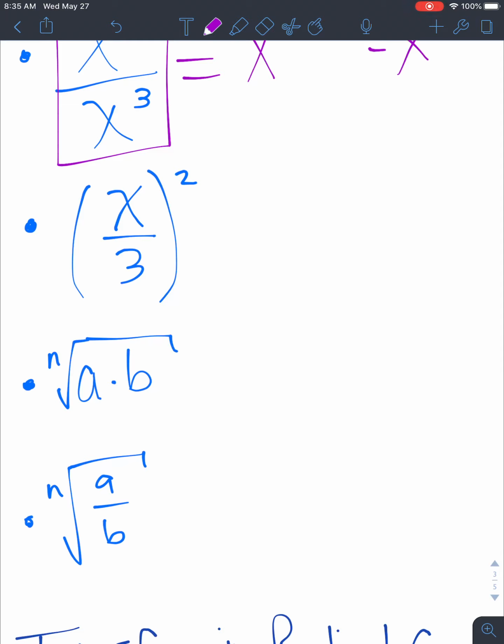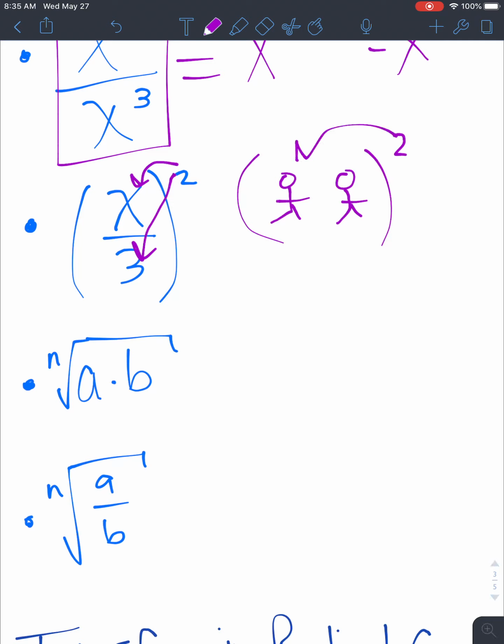Just like we can distribute into a multiplication, we can also distribute into division. All right, so I'm going to take this squared and I'm going to distribute into this x, but I'm also going to distribute into that 3. Like, if this is confusing for you, imagine you were with a friend, right? And your mom made you guys 2 cookies each, right?